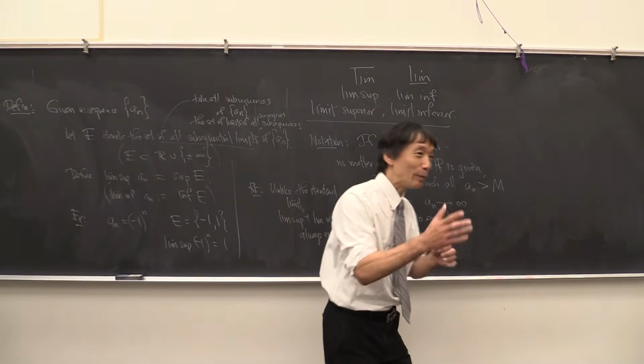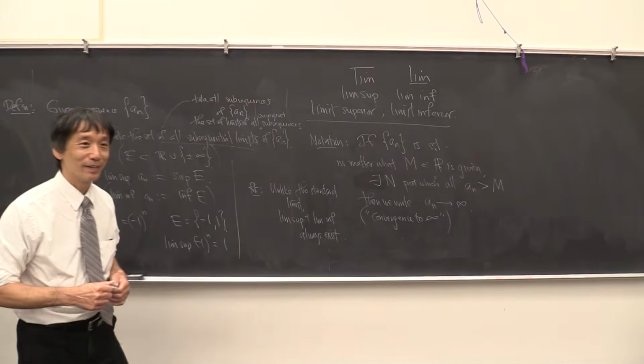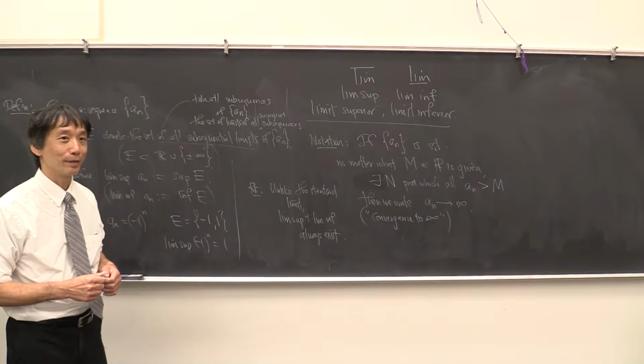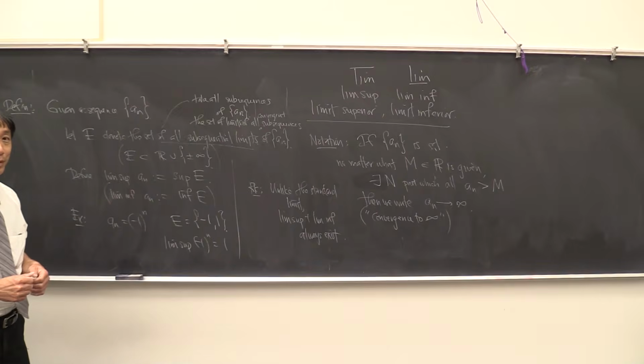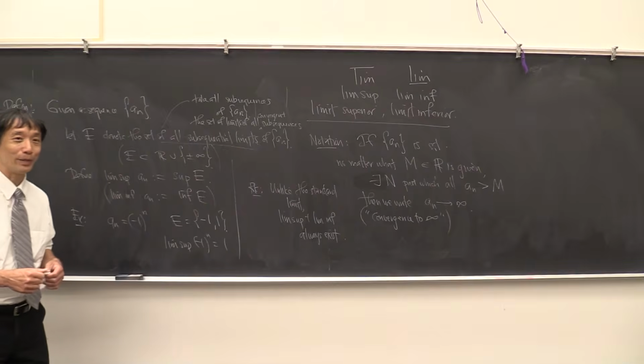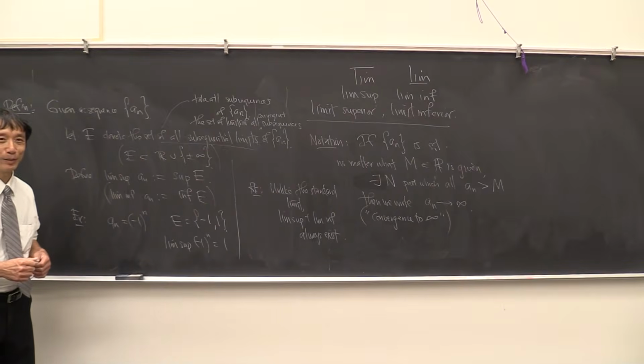Talk to a neighbor. Go ahead, yeah. Well, the Bolzano-Weierstrass theorem says that there's always a convergent subsequence, so E is always non-empty, so it has to be bounded in the extended reals. You're close, you're not far off. You need to say one or two important things.